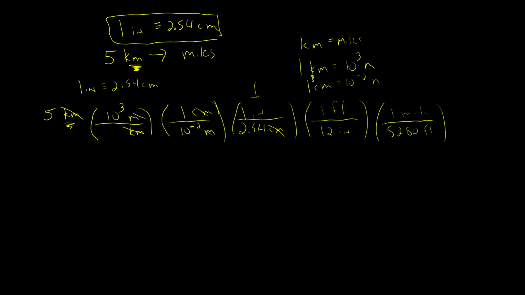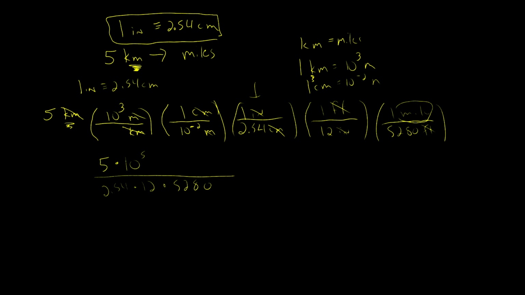And I've lined up my units so that everything cancels but the unit I need. And I put all my math here. So I have 10 to the third divided by 10 to the negative 2, so that's 5 times 10 to the 5th, using my exponent rules, divided by 2.54 times 12 times 5,280.